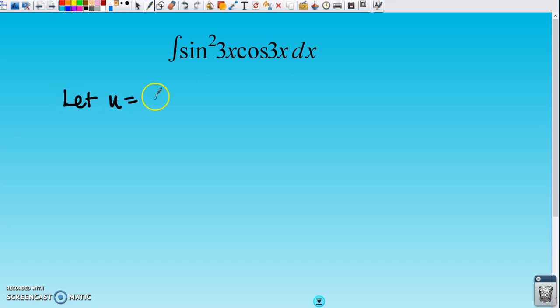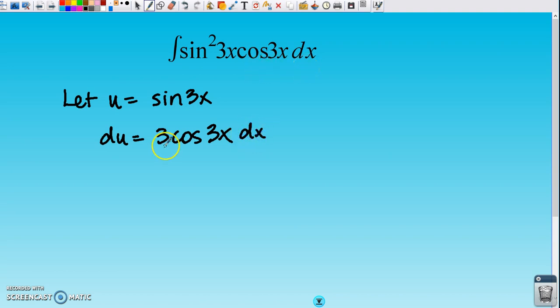U equals sine of 3x, because this whole thing, I'm thinking I can put this in as u squared in a little bit. So the derivative of u is going to be 3 cosine 3x according to the chain rule. Oh, look, there's cosine 3x, and then dx on the end.